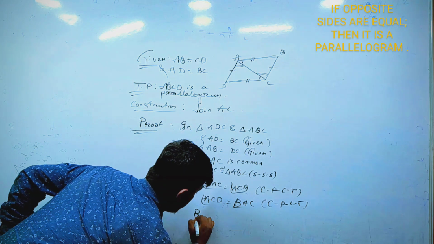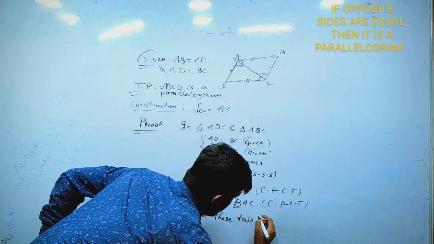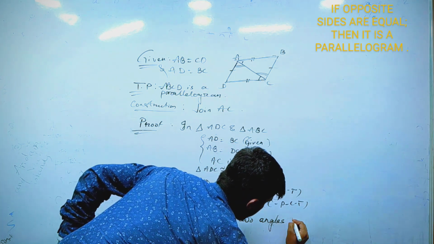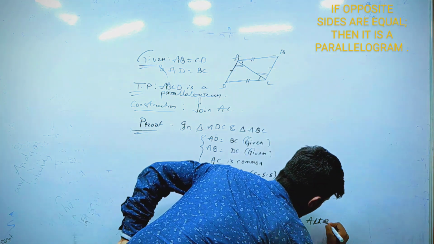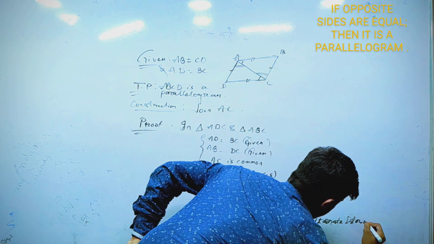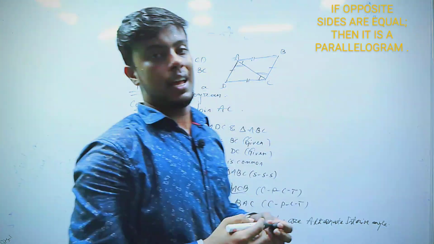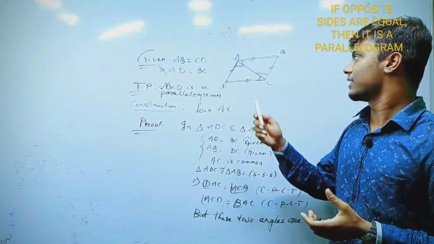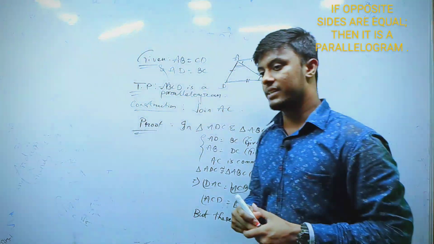Look, these two angles are alternate interior angles. As these two angles are alternate interior and also they are equal, we can say that AB is parallel to CD and AD is parallel to BC.